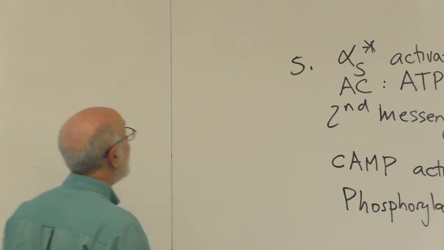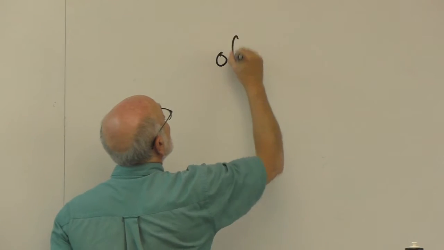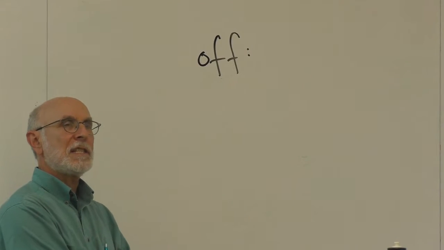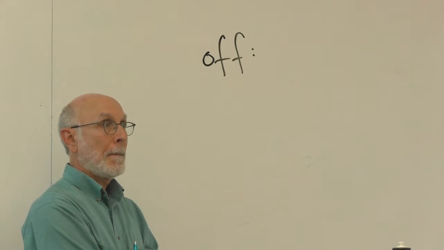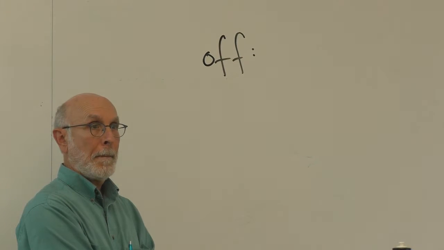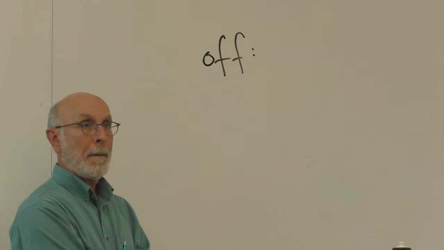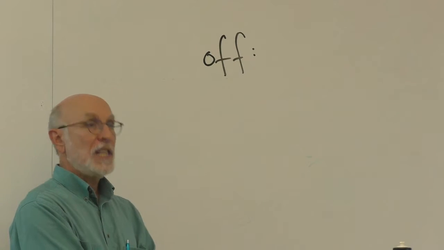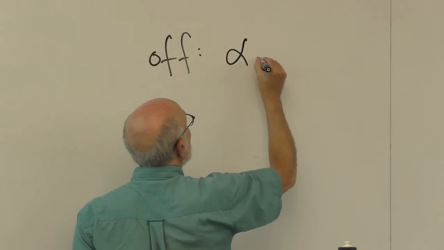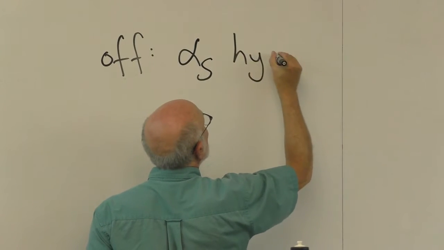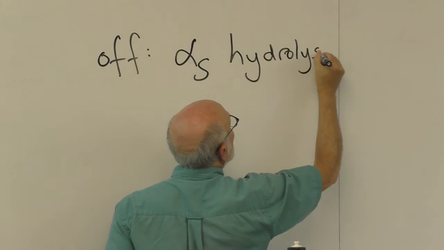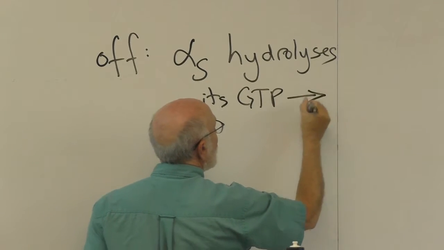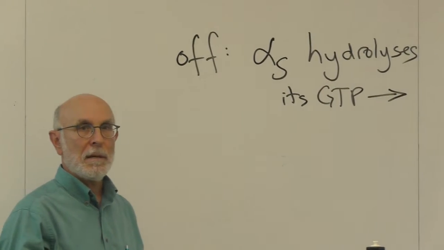Okay, let's talk about the off pathway. So Zoe's question is a good one. How does this system turn off? GTP dissociates is not correct. The alpha subunit hydrolyzes its GTP. And what is the product of that hydrolysis of GTP? GDP.